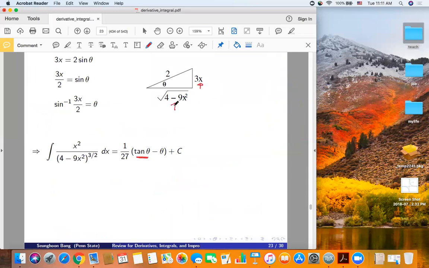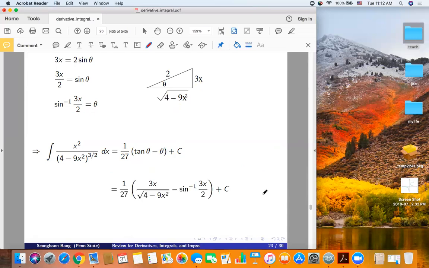Opposite over adjacent. You can keep 1 over 27 times tangent theta, which is opposite over adjacent, over the square root of 4 minus 9x squared, minus theta, which is inverse sine of 3x over 2, plus c.